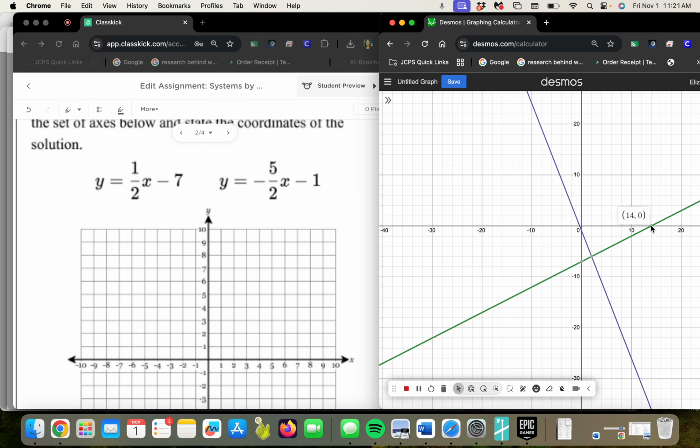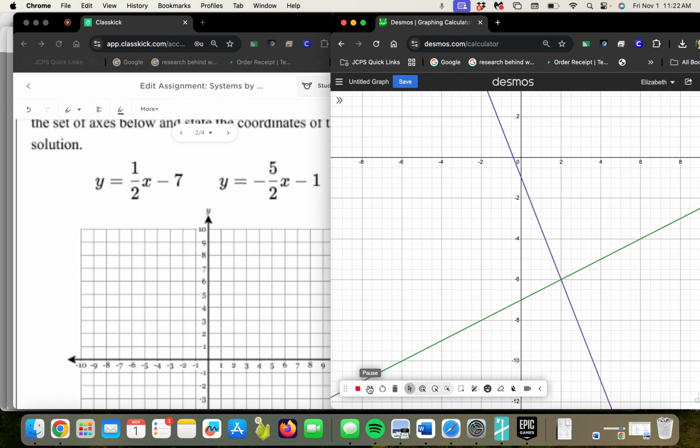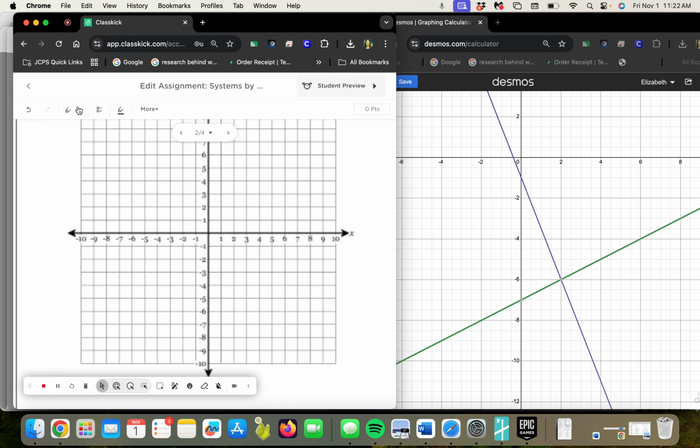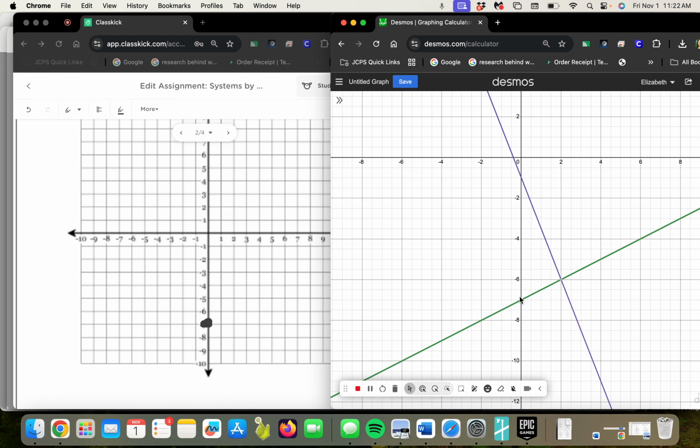So I can click on the line right here, and I can see that the green line hits the graph right here at -7. So I am going to put a dot right down here on my graph at -7 to match where it was right here on the graph.